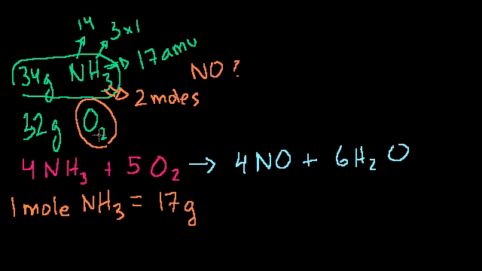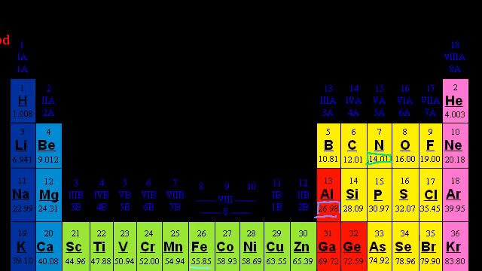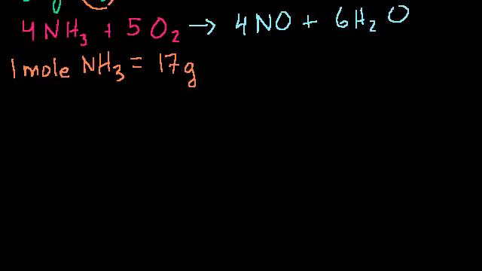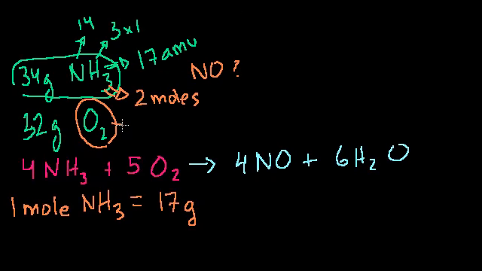Sometimes when they talk about oxygen, you have to make sure whether it's molecular or atomic oxygen. But the atomic mass number of oxygen is 16. We can confirm that looking at the periodic table down here. 16. So what's the molecular mass of the diatomic molecule O2? Well, it has 2 oxygens, so it's going to be 2 times 16, which equals 32 atomic mass units.